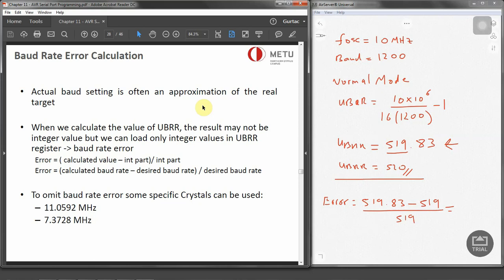Or you can just use the calculated baud rate minus the desired baud rate divided by the desired baud rate, which will also give us the error rate.